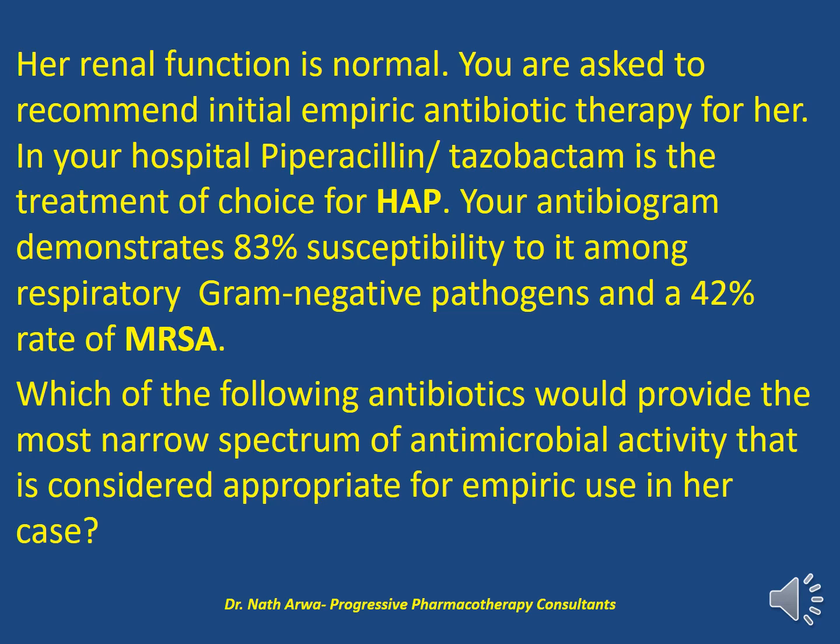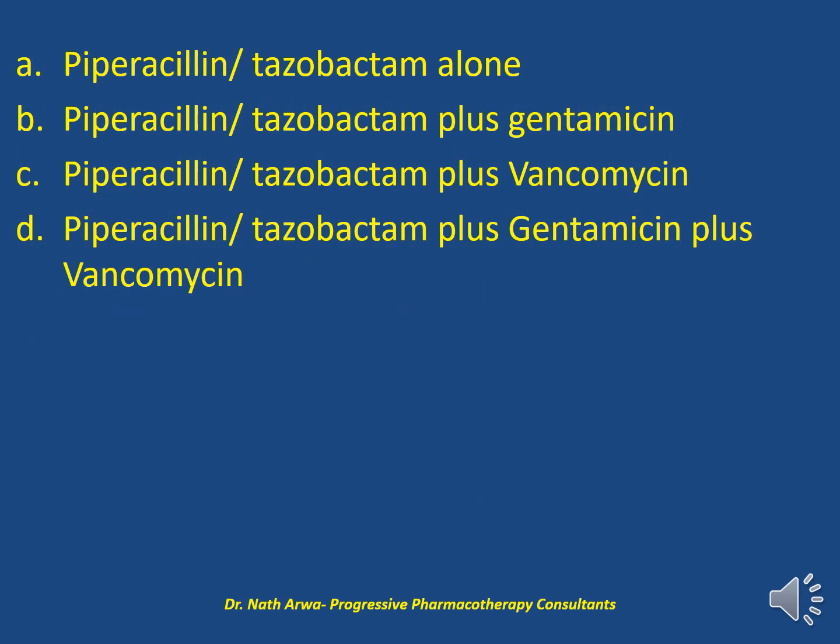So, which of the following antibiotics would provide the narrowest spectrum of antimicrobial activity that is considered appropriate for empiric use in this patient's case, in the case of MOO? Would it be piperacillin tazobactam alone?